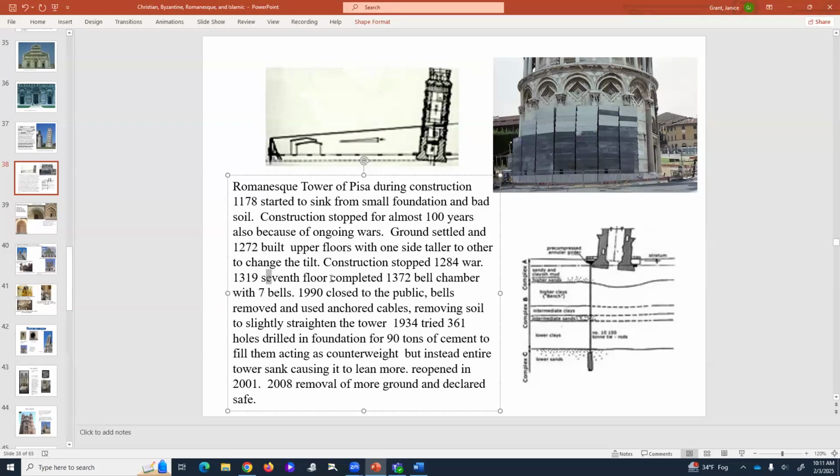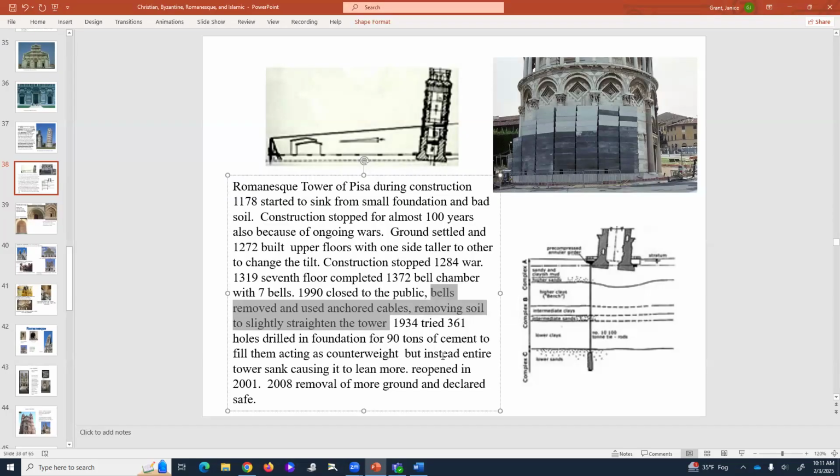The seventh floor was completed, and over time it was open and then closed, and they tried all different things. They added weight to one side to lean it over, then the bells were removed and they used anchored cables and removed soil to try to slightly straighten the tower.